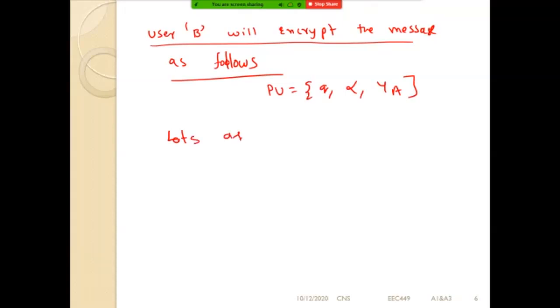Let's assume the message, remember, as an integer value M, and this must be between 1 and Q, or generally Q minus 1.